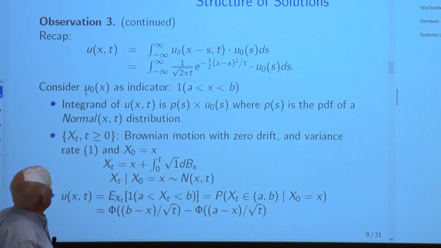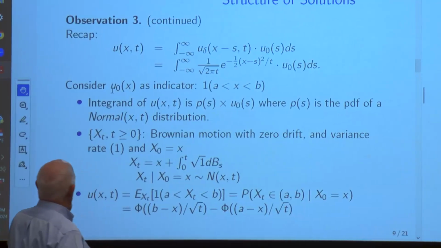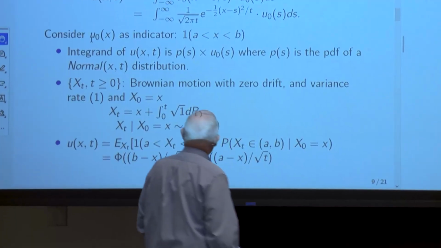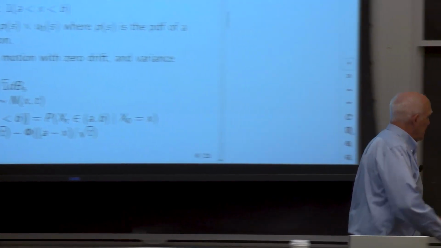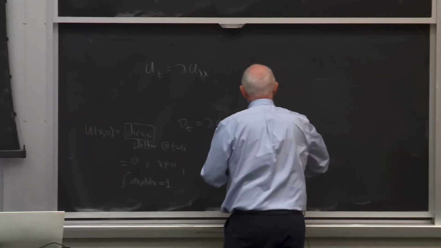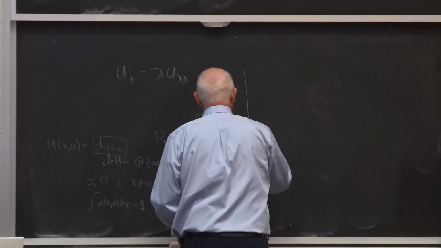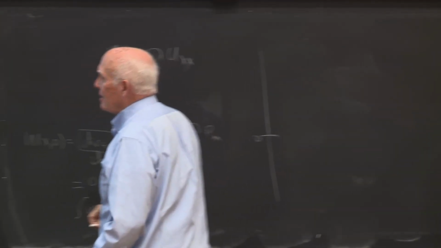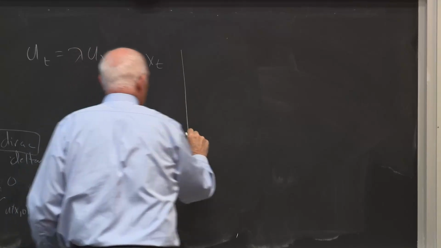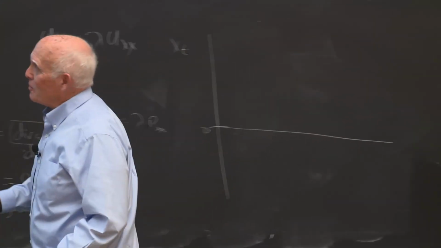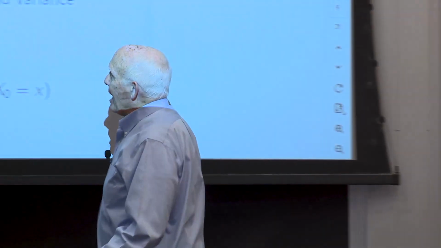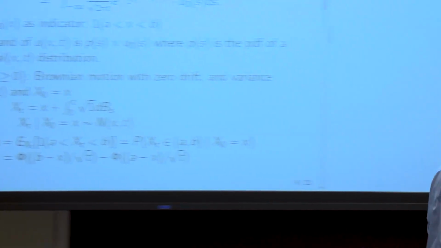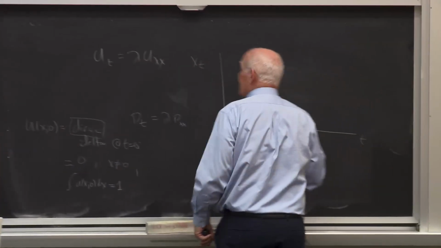Okay, so let's see how this works where u naught is an indicator function. For this description, I want to actually think about ultimately a Brownian motion process Xt that starts at 0.